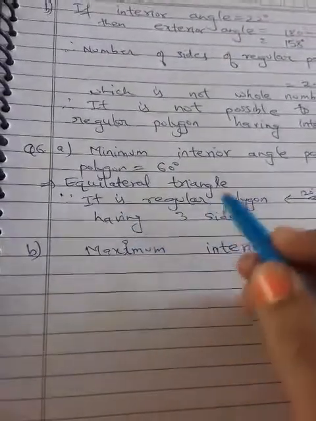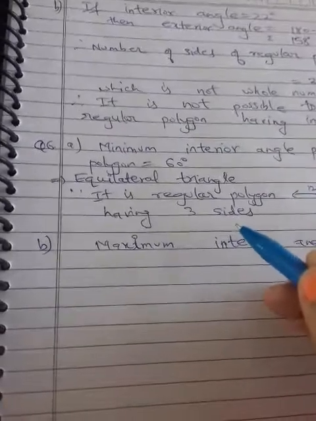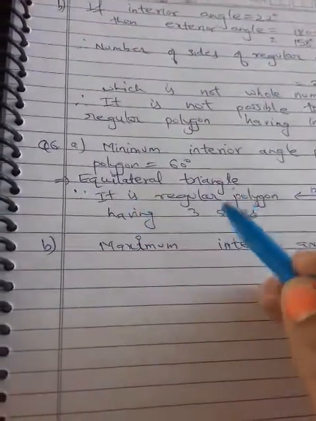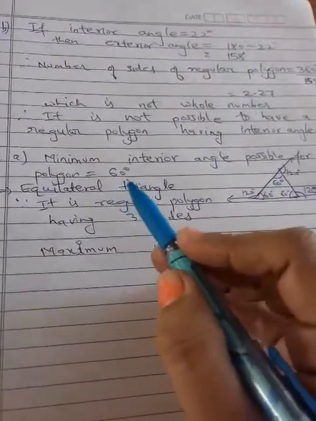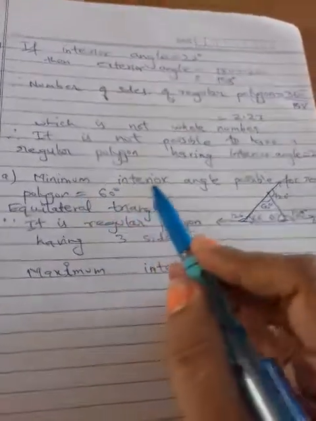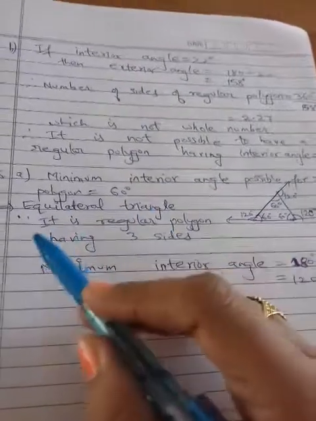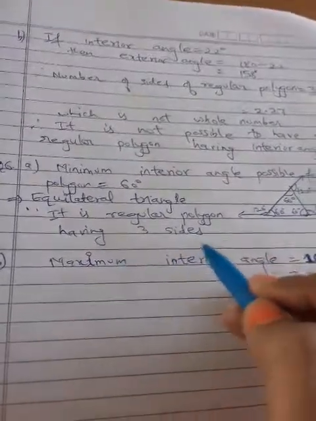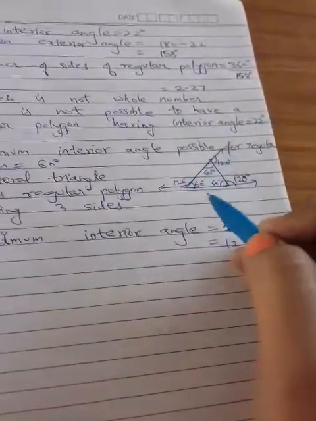As we know, a regular polygon starts from 3, meaning the polygon having 3 sides is the smallest polygon, and we know that it is an equilateral triangle, and an equilateral triangle has an interior angle of 60 degrees. So the minimum interior angle possible for a regular polygon is 60 degrees, that is an equilateral triangle. Since it is a regular polygon having 3 sides, I have made a figure also of an equilateral triangle.